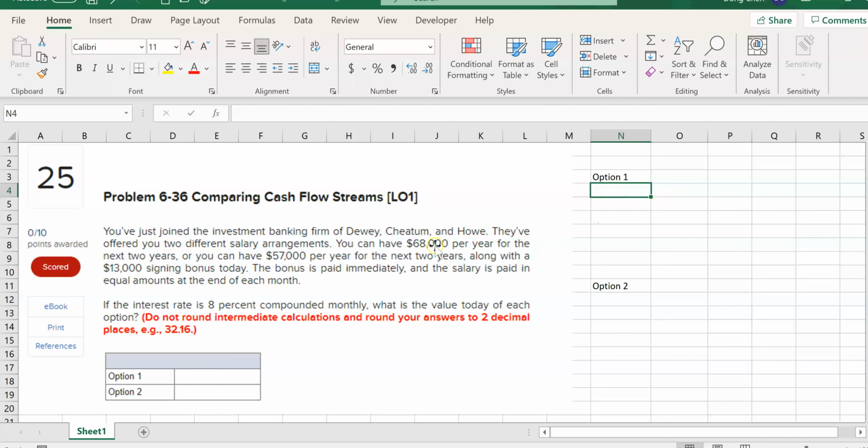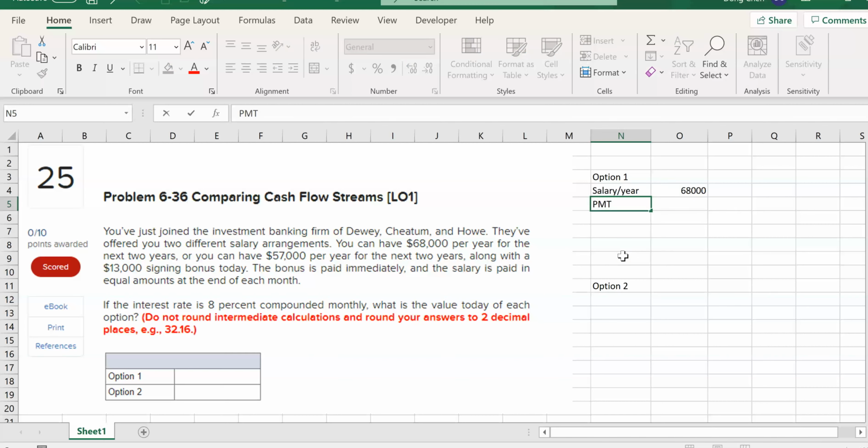First input is the annual salary. This is a salary per year, and for option 1, that's $68,000. But remember, the salary is paid each month, so we need to work with the monthly amount. That gives us the payment, which is the annuity payment.